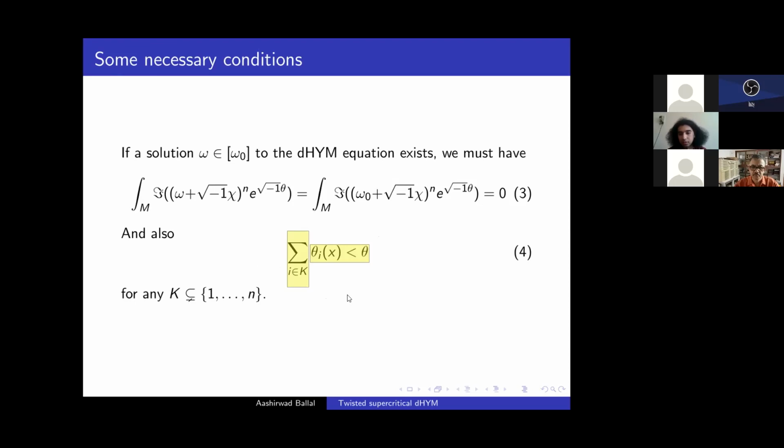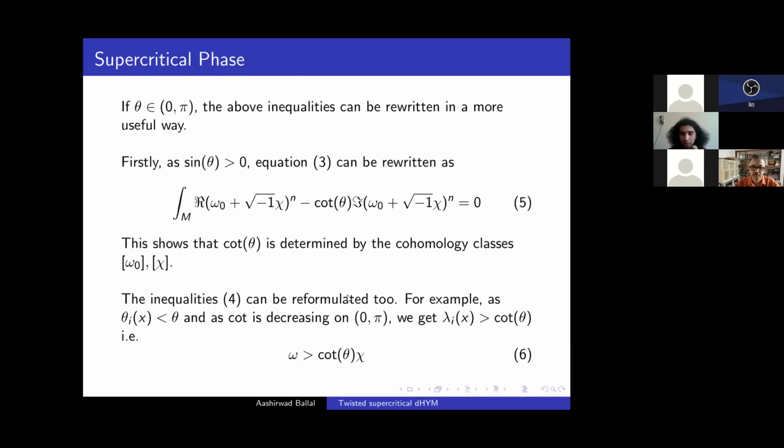Now, since theta I and theta are both in 0 to pi, and since cot is decreasing, we can apply cot to both sides to get lambda I greater than cot theta.